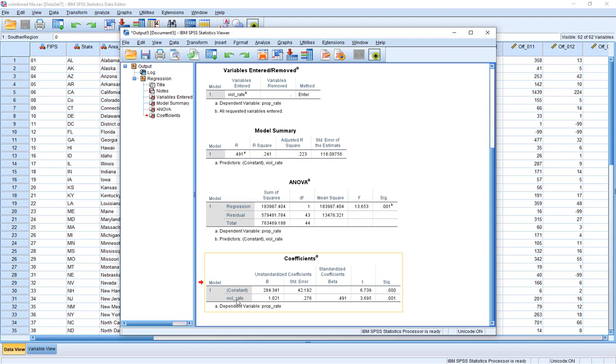As violent crime increases 1 unit, and we're always going to use the term unit here because things can be measured at different units. But in other words, since this is a violent crime rate, what we're really saying is as violent crime increases one violent crime per 100,000 in the population, we would see a corresponding increase in property crime of 1.021 per 100,000 property crimes in the data.